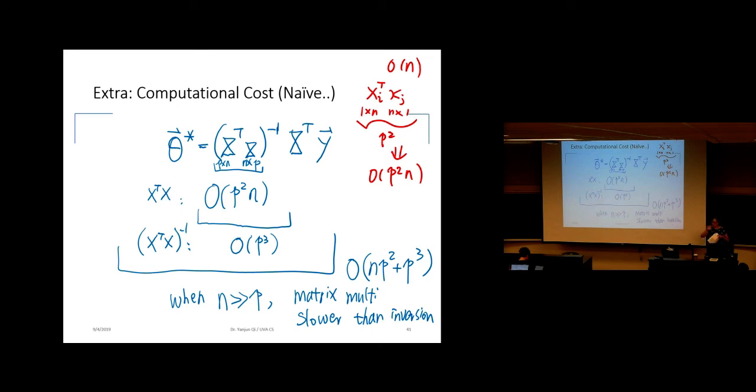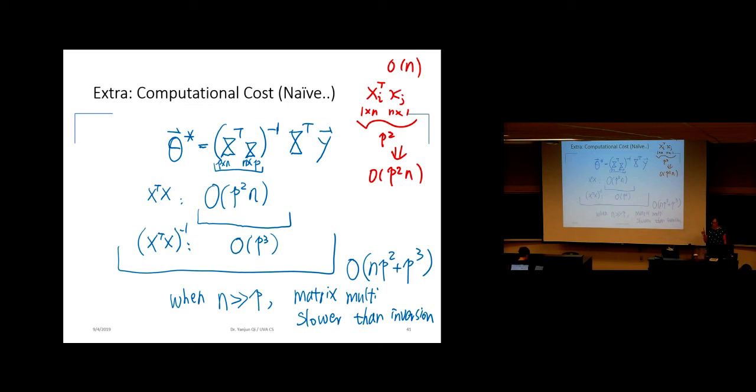This is the most naive way to think about it. The inversion may be a little bit trickier, but let's just keep in mind this cubic cost. The whole cost is O(n p quadratic) plus O(p cubic).